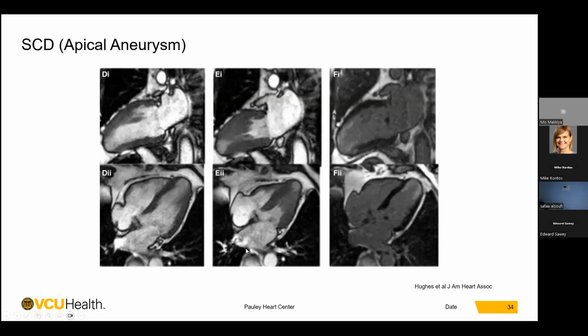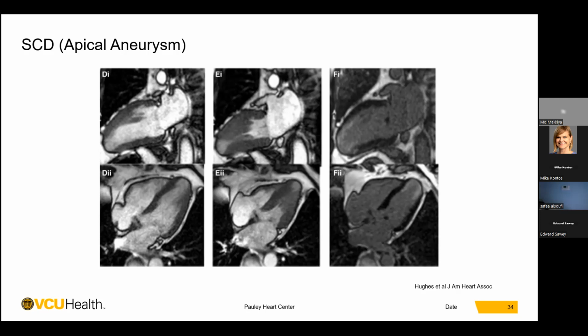About 15% of apical hypertrophic cardiomyopathy will develop apical aneurysm. Apical aneurysms are defined as discrete, thin-walled, dyskinetic segments of the most distal portion of the LV with a relatively wide communication to the main cavity in diastole.